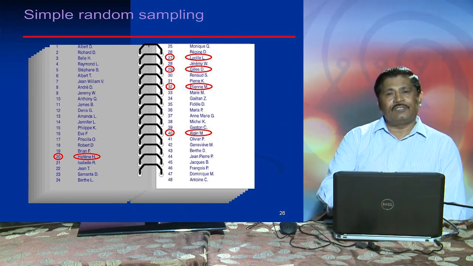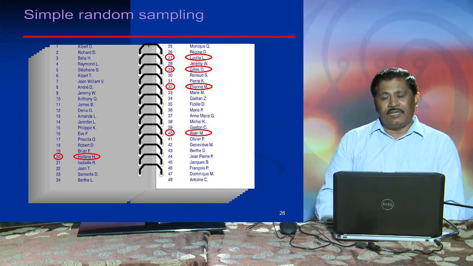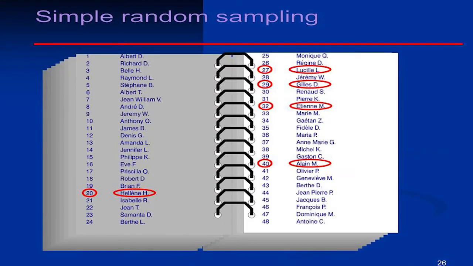You make a list of the population units, the sampling units, and from that you randomly select one by one, and these random numbers can be generated. Here you see 20 is selected, 27 is selected, 29 is selected according to the random numbers. I have taken this from the internet, and you can see that these methods have been explained here.